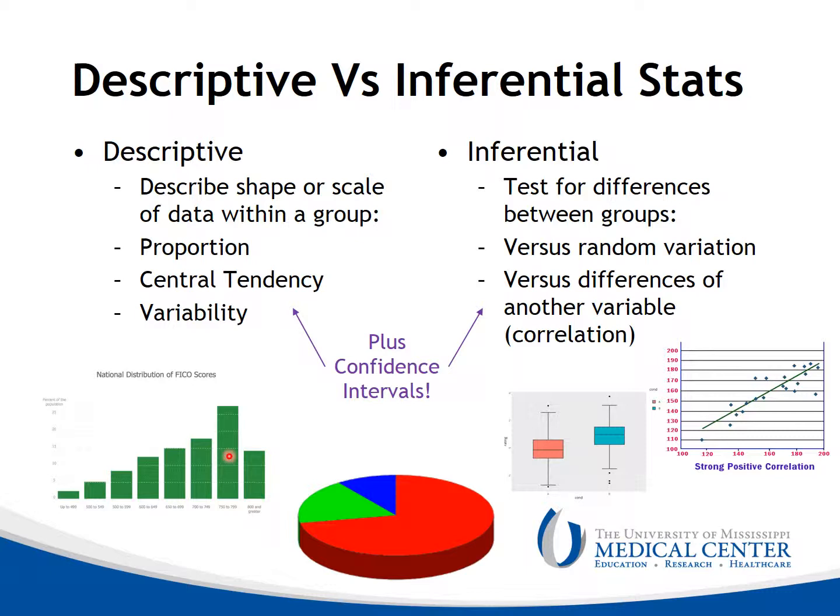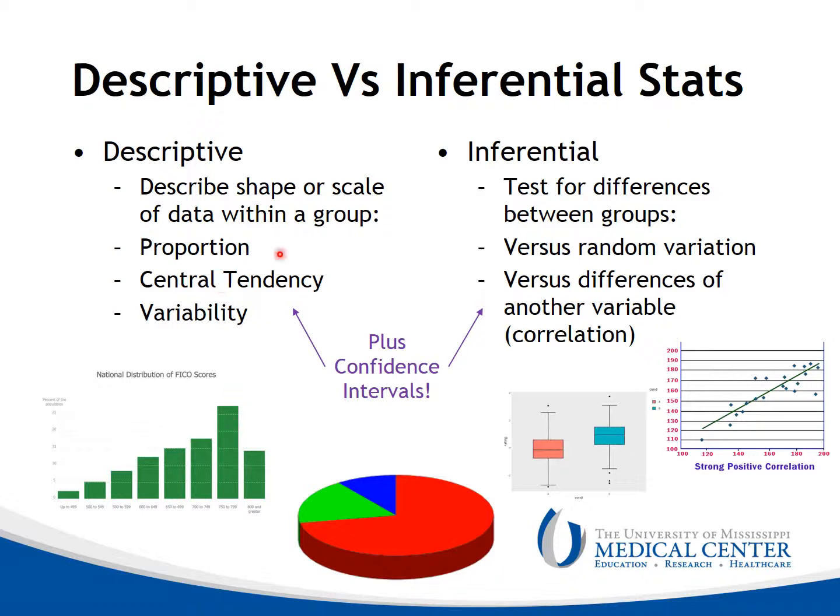Another measure that you may not have heard of is coefficient of variation, which is just the standard deviation divided by the mean. And that's a measure of variability used for comparing different groups that have very different means and making a more fair comparison between them.